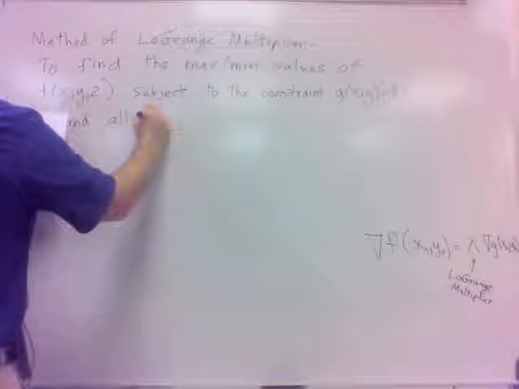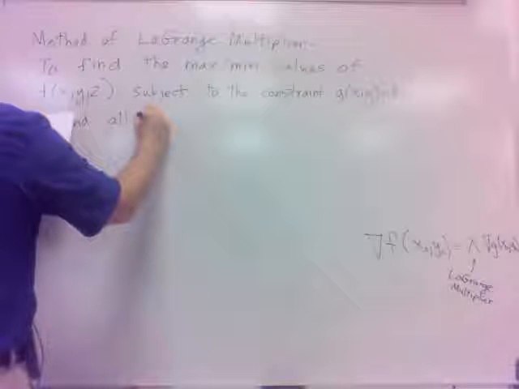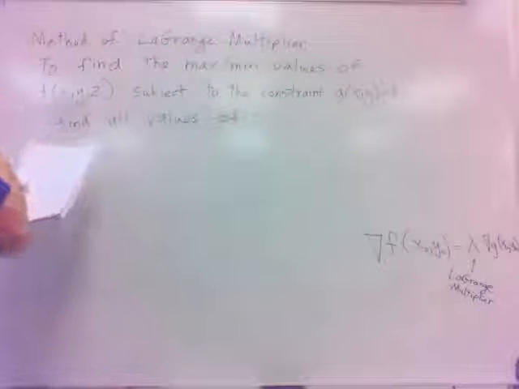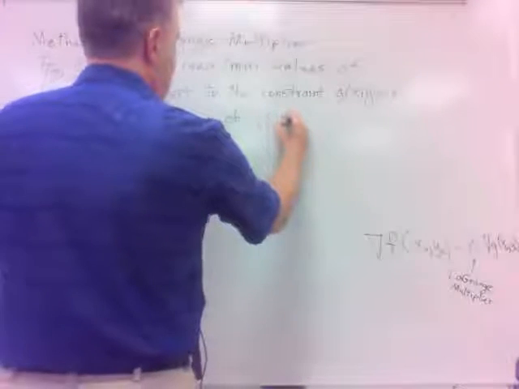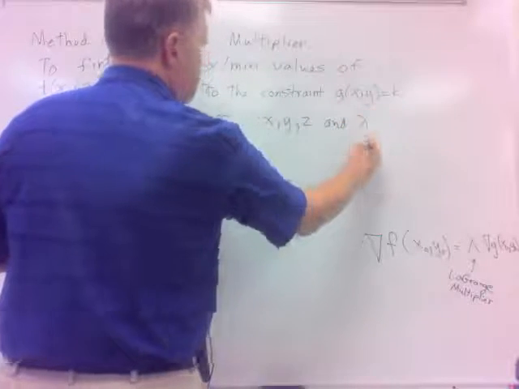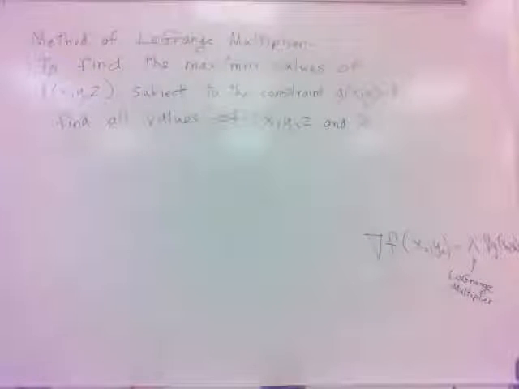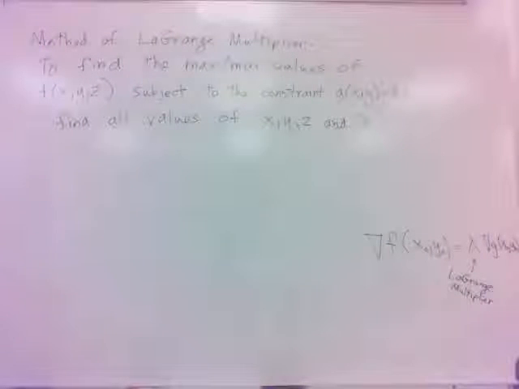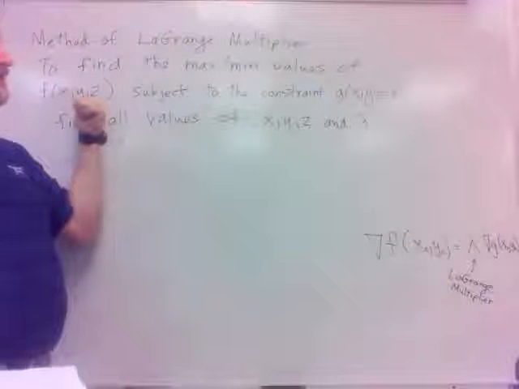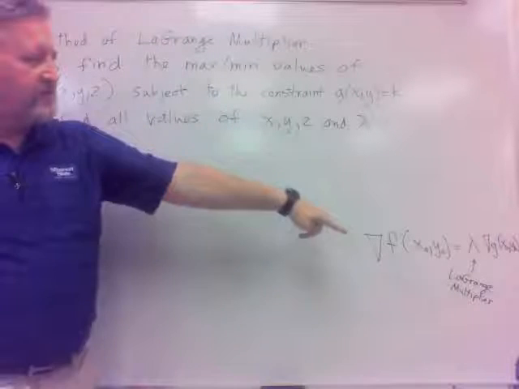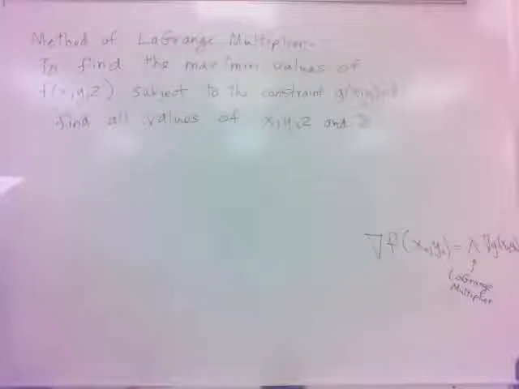Find all values of x, y, z, and sometimes this lambda. Sometimes you don't have to find lambda, but find the values of x, y, z, and lambda, because really we're looking for the max and min values of this, so all you really need is x, y, and z, but sometimes you do have to solve for lambda.